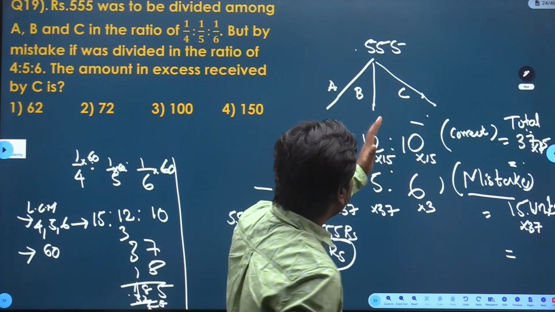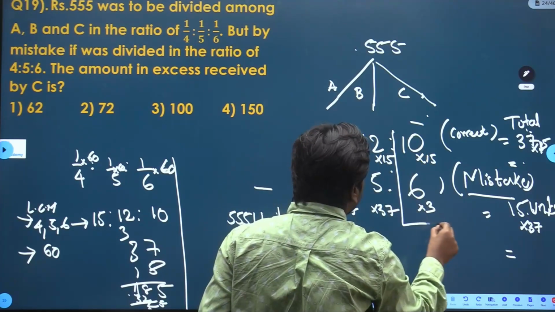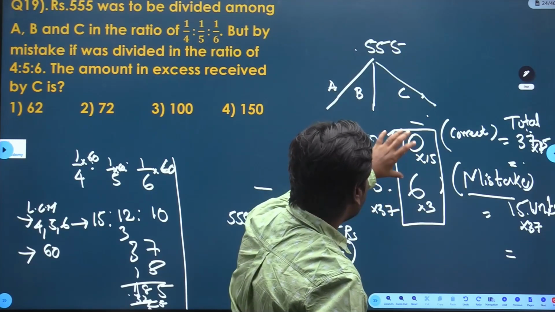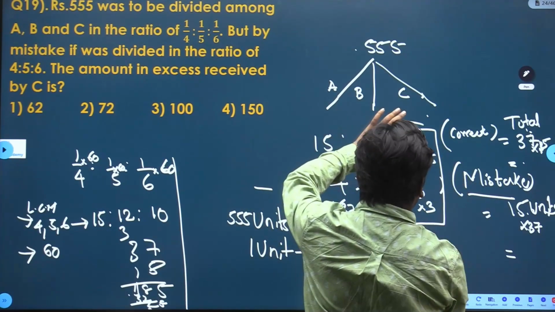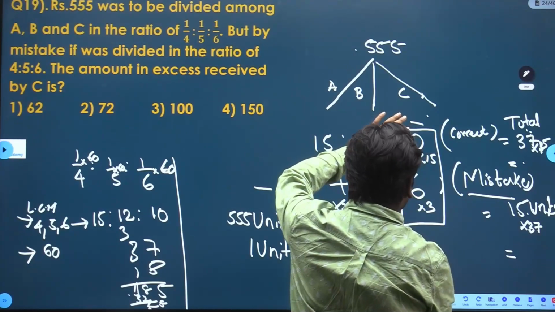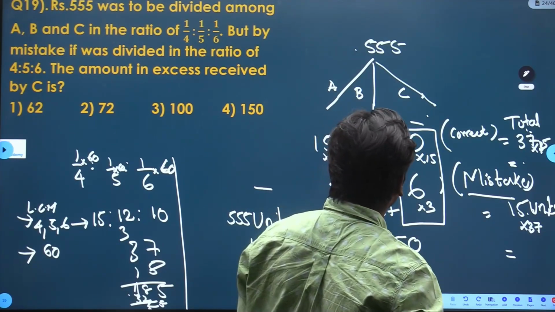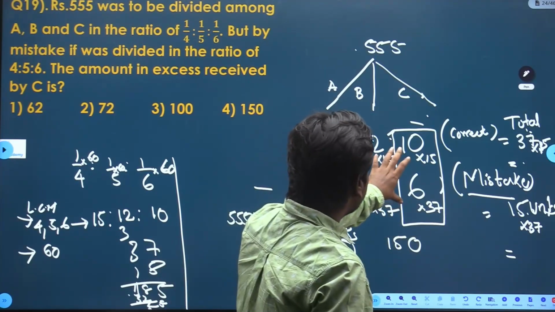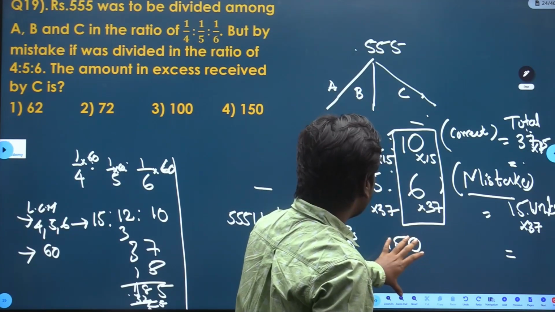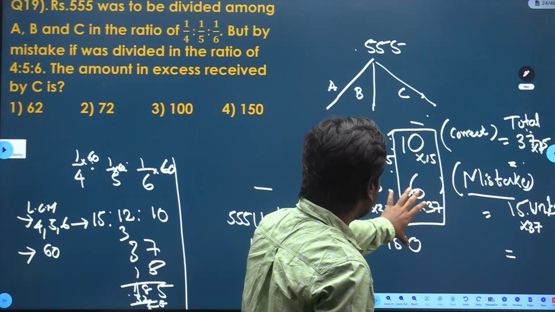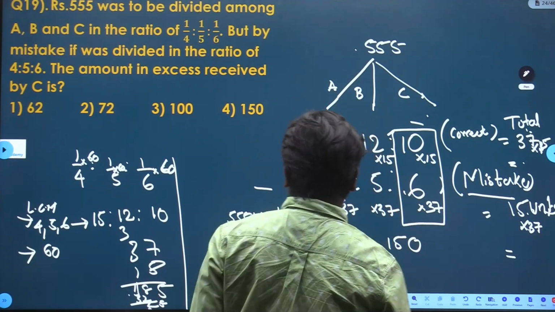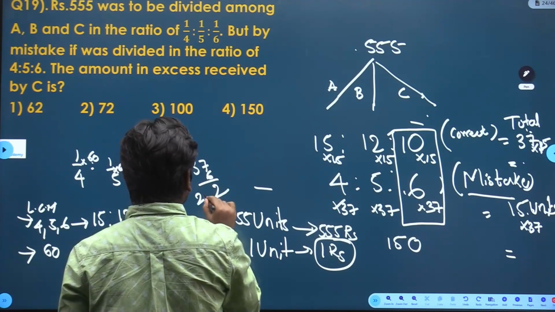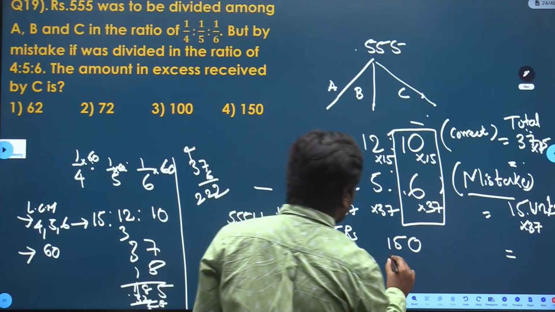Here, in the question they have asked only how much excess he received because of this wrong distribution. So in correct distribution he should be getting 150 units, but because of wrong distribution he got how much? 37 into 6, 222 units.